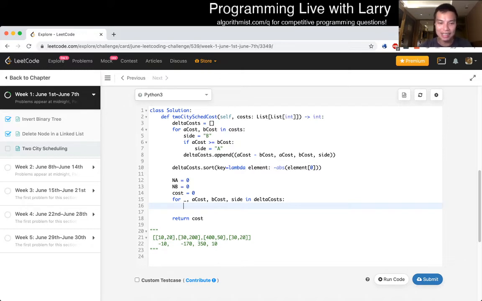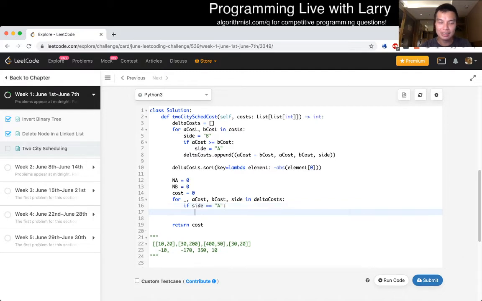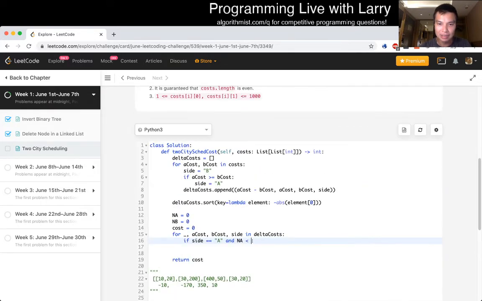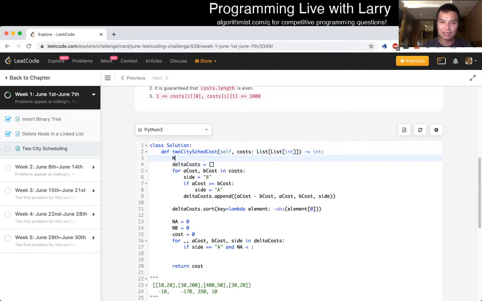Okay, so now let's just say if side is equal to A and NA is less than, do we have an N? I guess we're not given an N. So let's just say N is equal to length of cost.